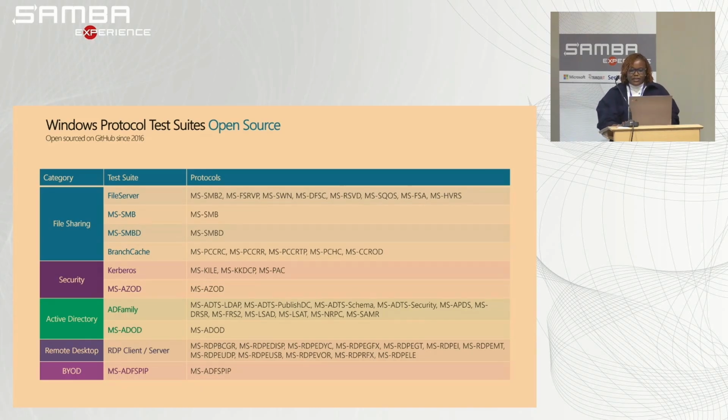Under security, we have test suites for Kerberos and AZOD. Active Directory has the AD family with 11 protocols and ADOD. Remote Desktop has both client and server test suites covering 12 RDP protocols. And bring your own device scenarios are covered by BYOD and DFS PIP.